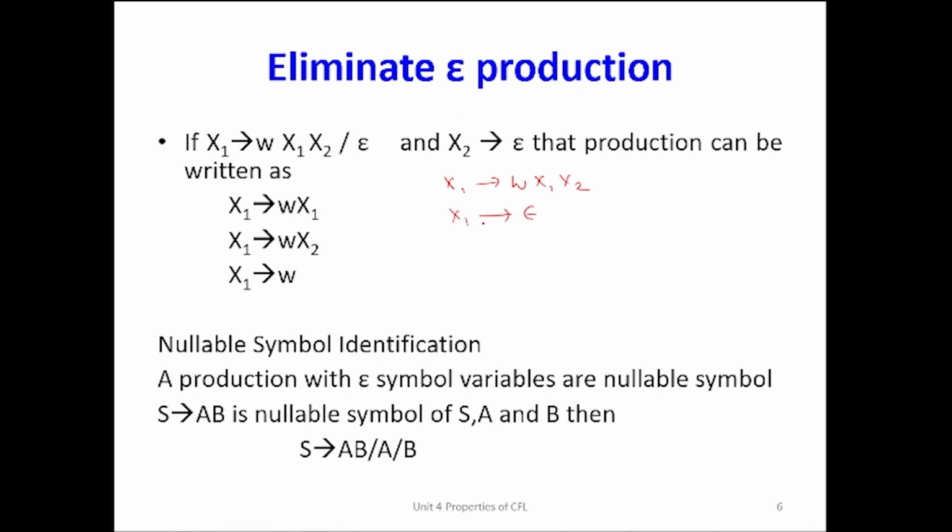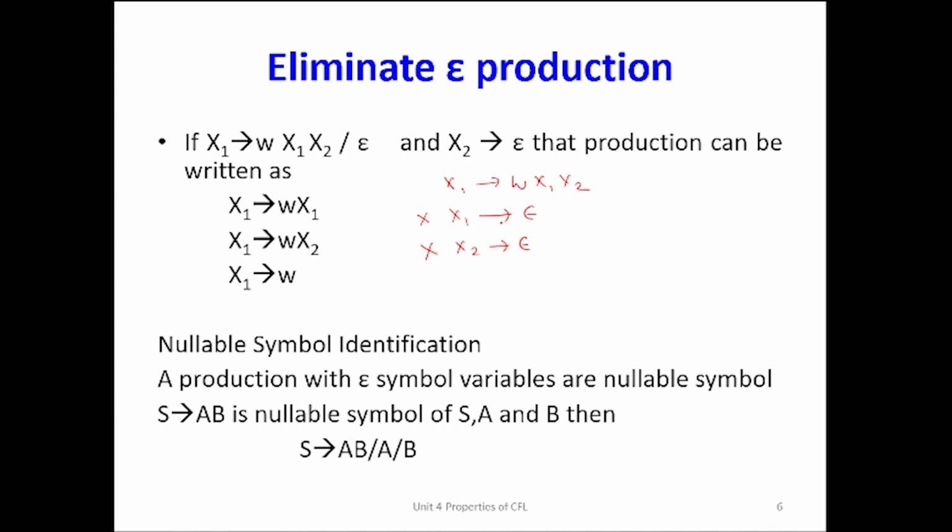I write those productions separately. The third production is X2 implies epsilon. This problem is elimination of epsilon production, so we should eliminate the second and third productions from the given grammar.